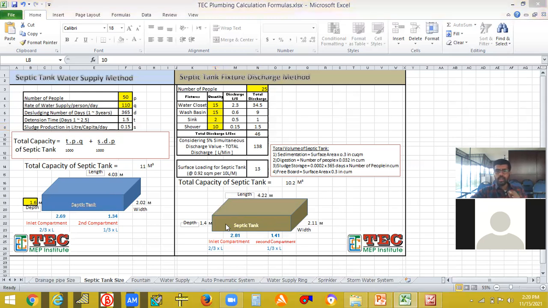Okay, now today we are going to deal with another topic called soak pit designing. Soak pit means you can call it a wastewater pit also, where the wastewater will be collected and stored in a pit.